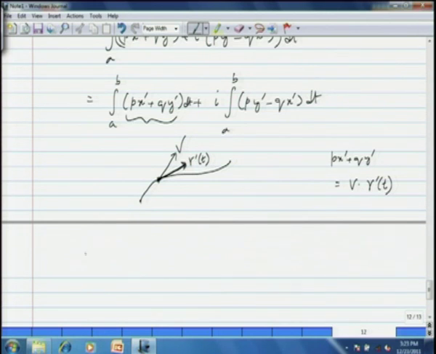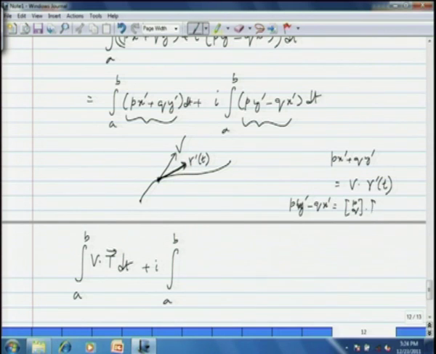So, the real part takes the dot product of the tangent vector with the velocity vector, and plus i times, what about the imaginary part? The imaginary part can be interpreted as the dot product of the vector p q, let us say, with the vector y prime minus x prime.